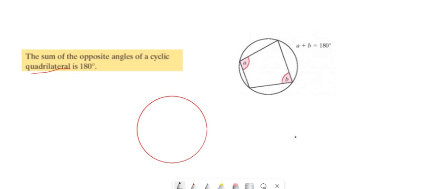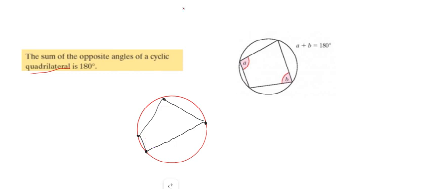If I pick any 4 points along the circle, one there, one there, and one there, I could pick any 4 points along it. Then the opposite angles, they have to be the same. Or sorry, they don't have to be the same, but they add to 180.